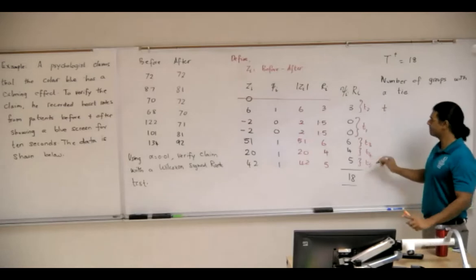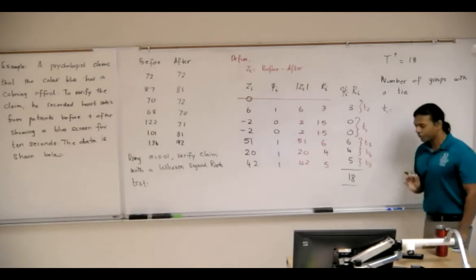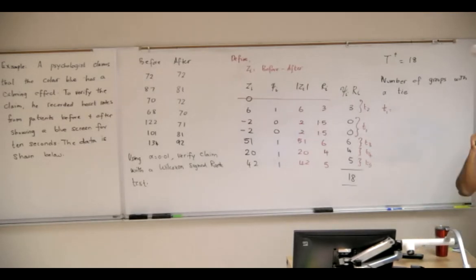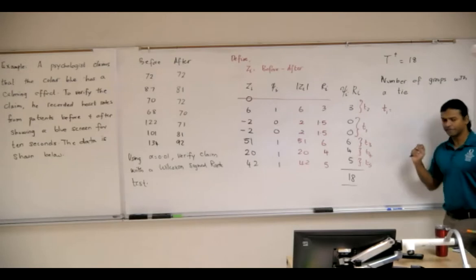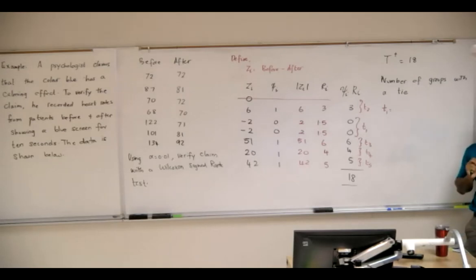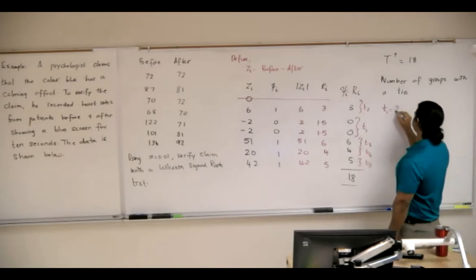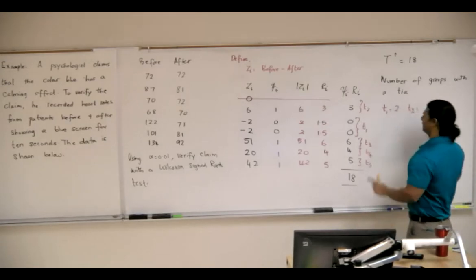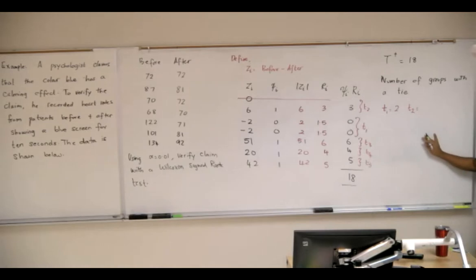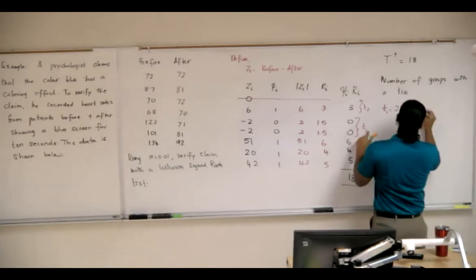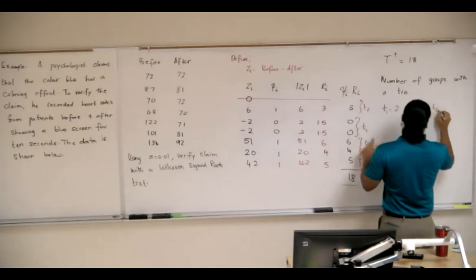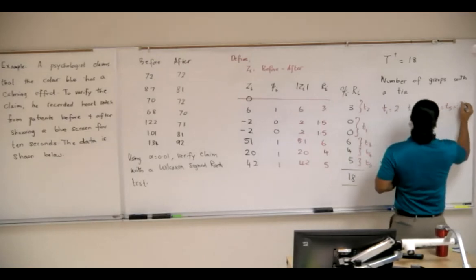So what does that mean? In each group, we've got to determine the number of observations that are tied. In the first group, how many do we have? Number of observations, 2. Second group, is there a tie? No. So T2, T3, T4, T5, it would all be 1.